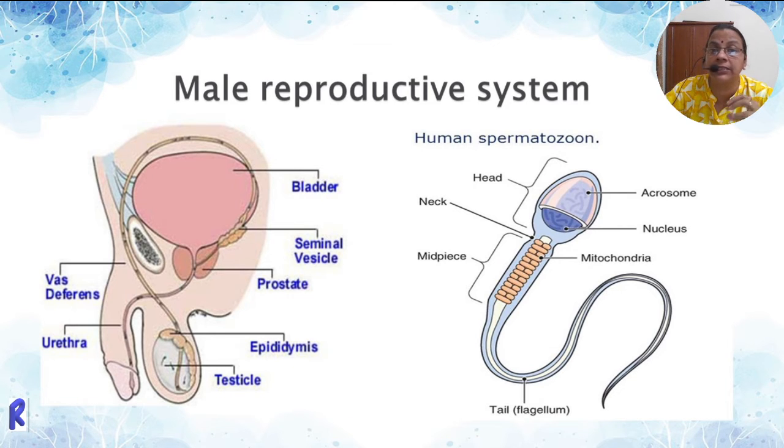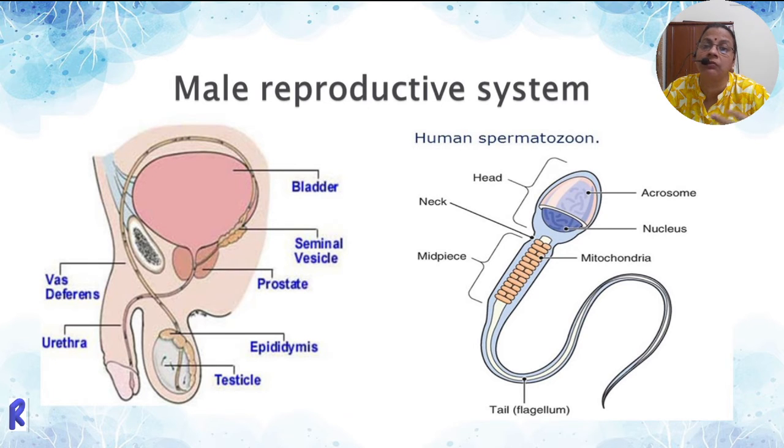And here on the right side, I have attached the figure of a sperm. Once puberty is achieved, the male will produce thousands, or we can say millions, of sperms. It is a continuous process throughout life.